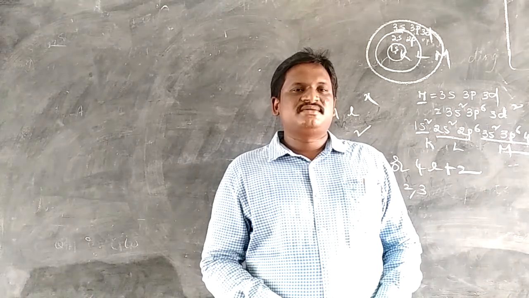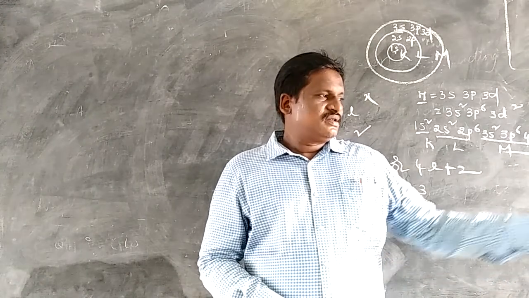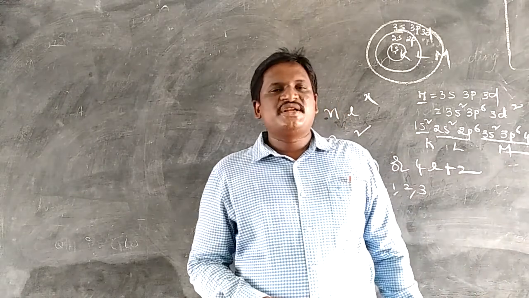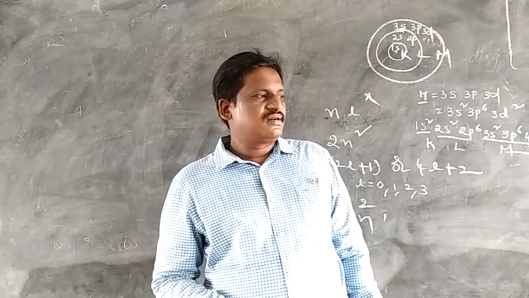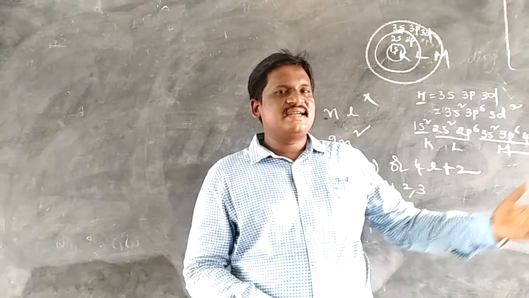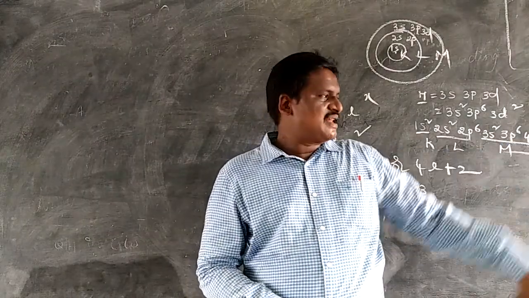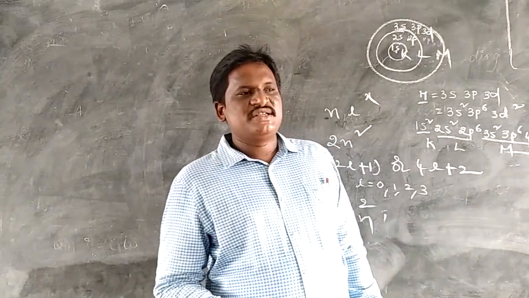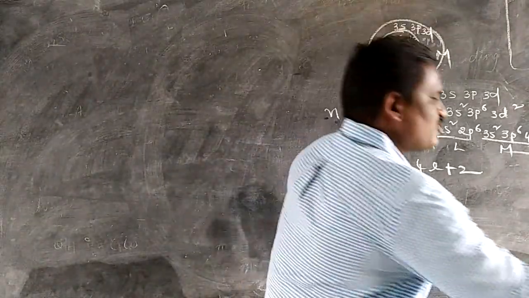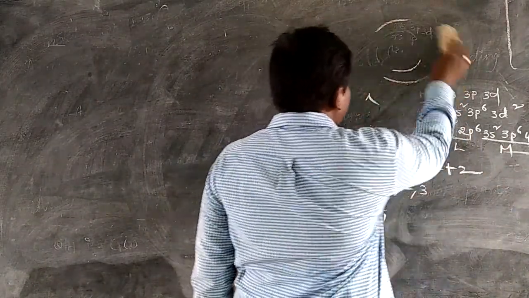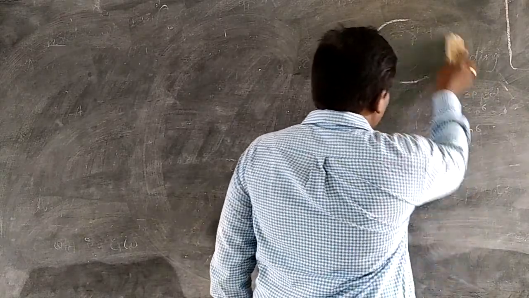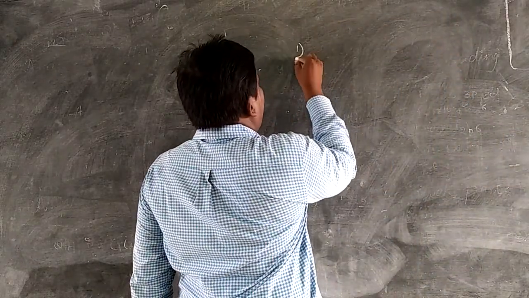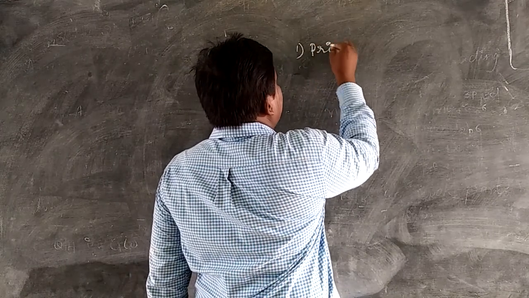The letter denoted is n. Principal quantum number tells about the size and energy of the shell. Now we are going to explain 3 quantum numbers. One is principal quantum number.